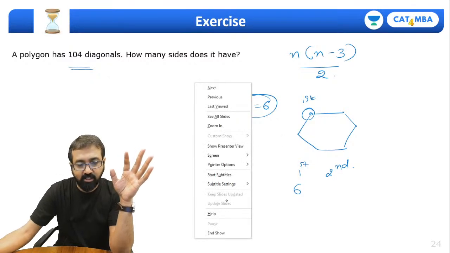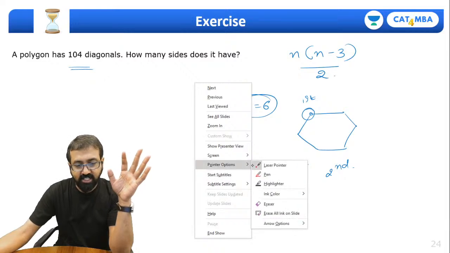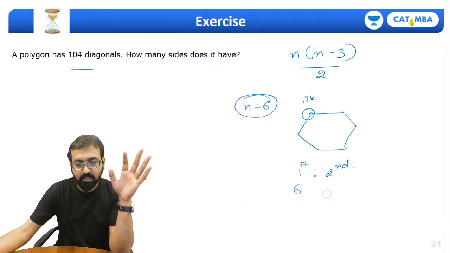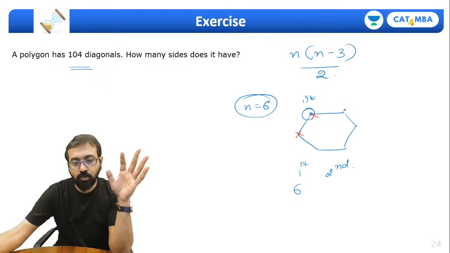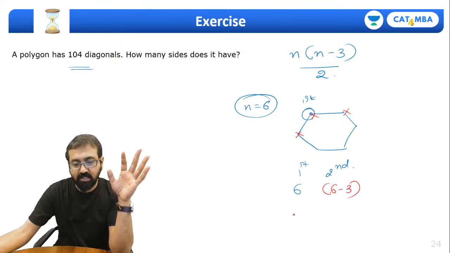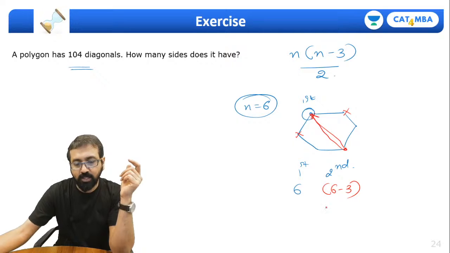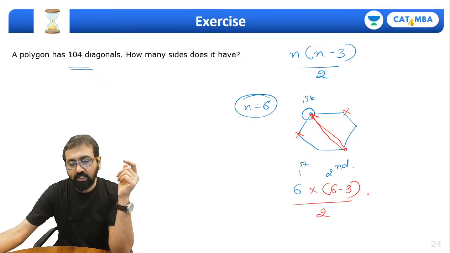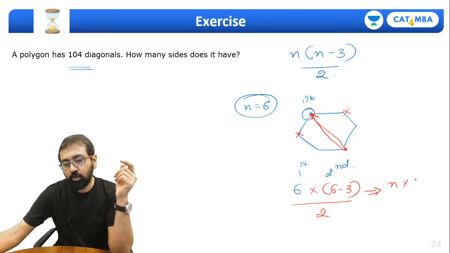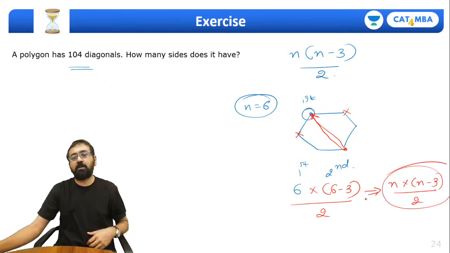Let me indicate it with a red color so that you understand quickly. The second point can't be this one, and this one. So how many choices am I left with for the second point? 6 minus 3. But me selecting this point and connecting over here, or me selecting that point and connecting over here, is one and the same. So this is divided by 2. In general, it will be n into n minus 3 divided by 2. So these are the number of diagonals.